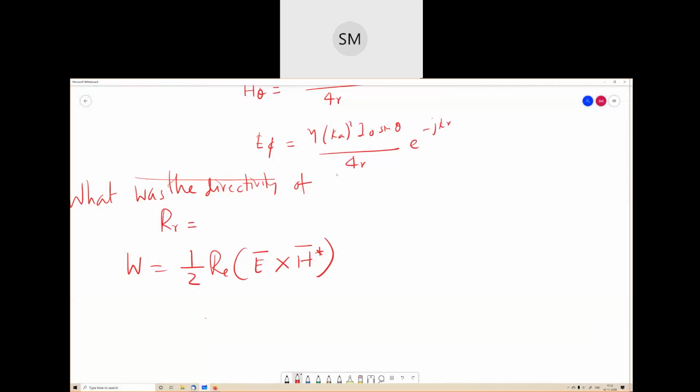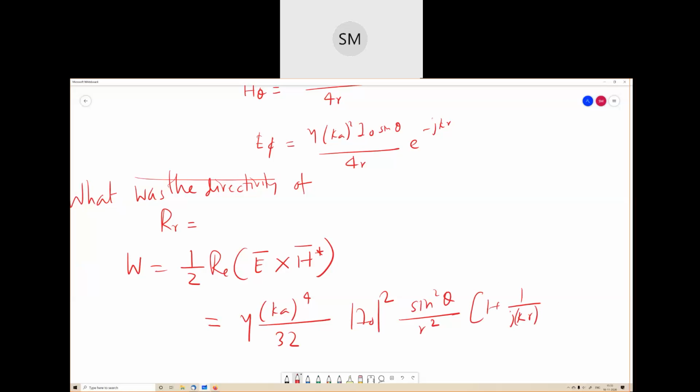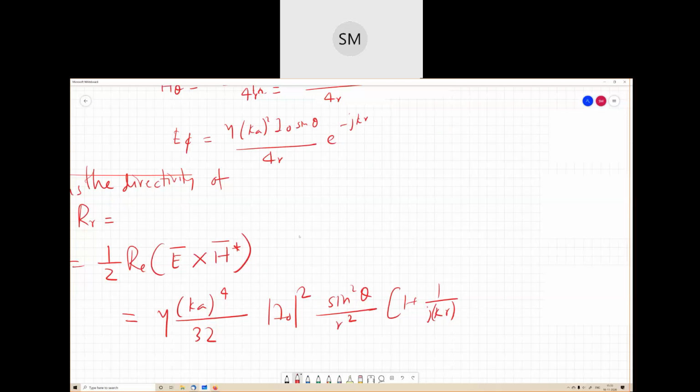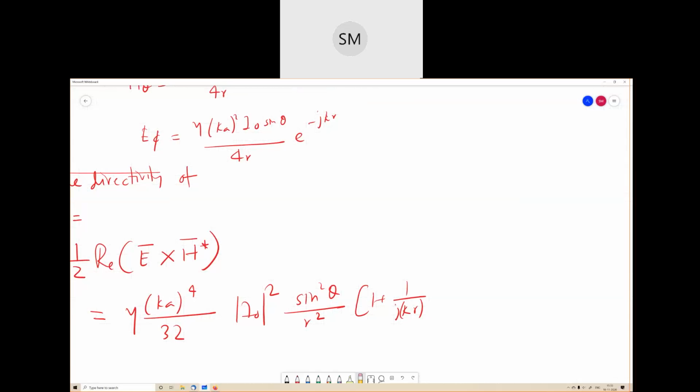So if we put the values of E and H star at the far field, we get this equal to eta k to the power of 4 over 32 I0 squared sin squared theta by r squared, 1 plus jk, sorry, j is, r cubed. Okay.